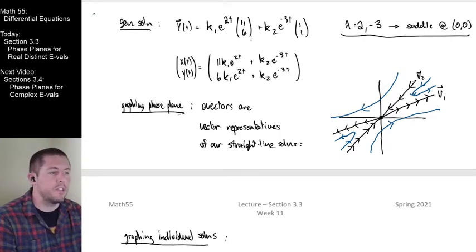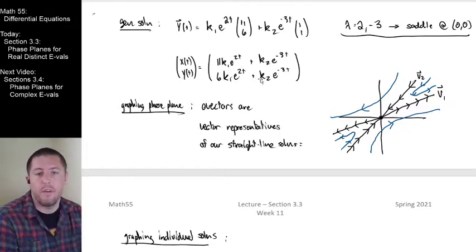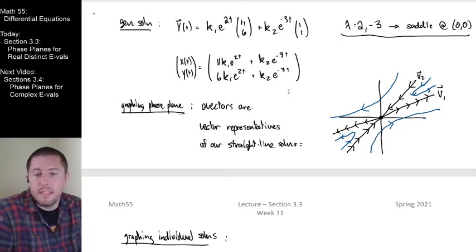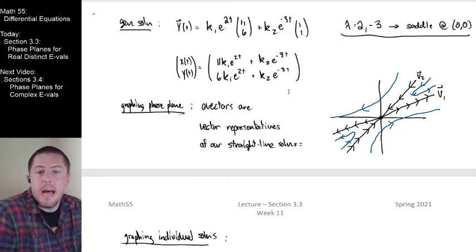The thing that's really interesting about this is that it's got parts from both of our solutions in both x and y right here. The other thing that's really interesting is that we have one positive eigenvalue, which gives us an exponential growth, and one negative eigenvalue, which gives us an exponential decay. So what that says to me is that it's going to be really helpful to think about both positive and negative times.